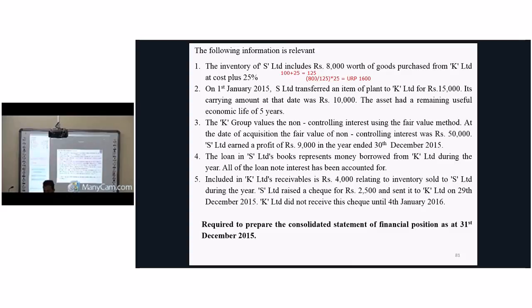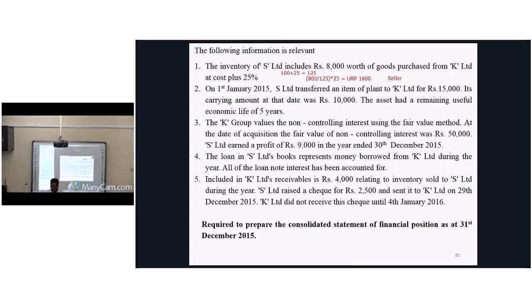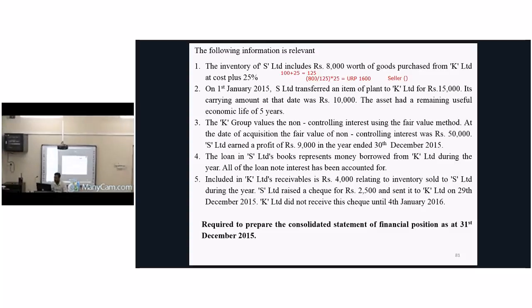Who is the seller? I told you, K means parent. Debit and credit to group inventory. I will pass the double entry for this unrealized profit here: 1.6, URP unrealized profit 1.6.